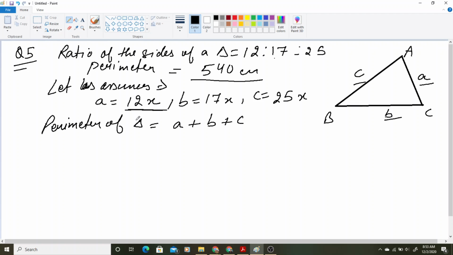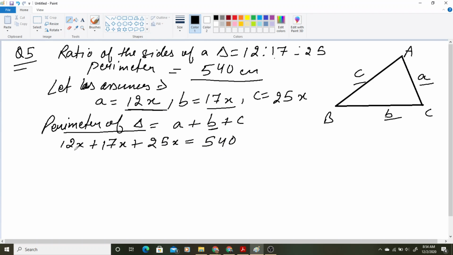What is A here? It is 12x. Plus what is B here? It is 17x. Plus what is C? It is 25x. And then it is equal to the perimeter, which is already given, 540. That means if I add all the three sides, it will equal 540.